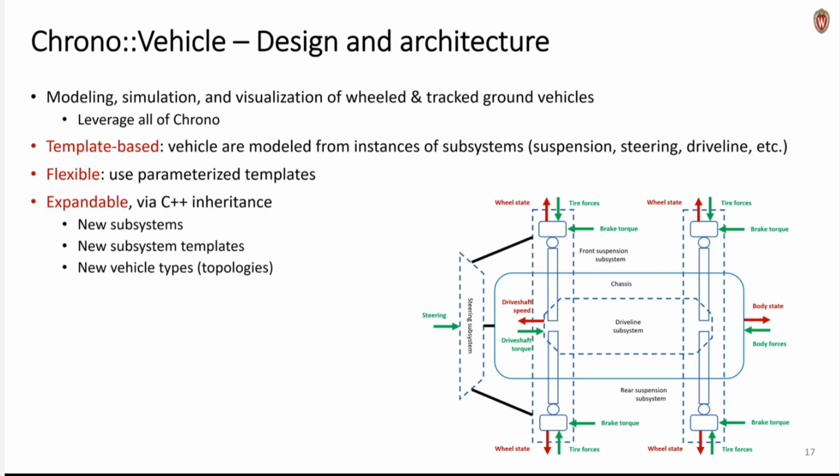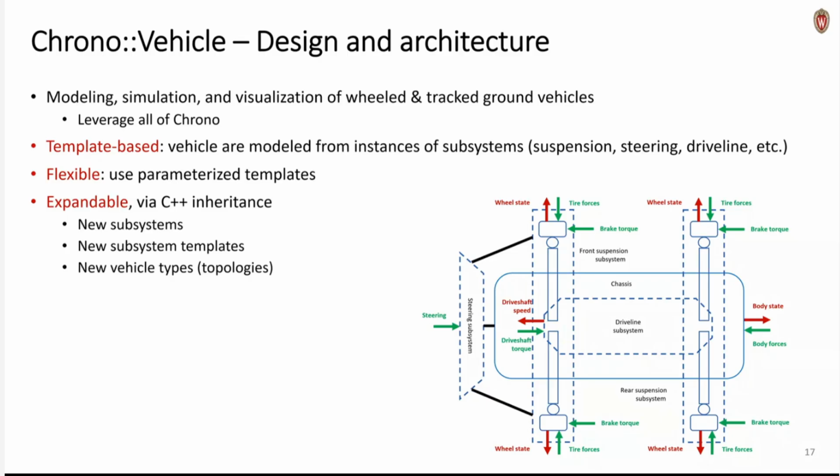And this leverages the fact that these types of mechanical systems have relatively few topologies. And by topology, I mean, what are the bodies, how are they connected, and how are they working together?